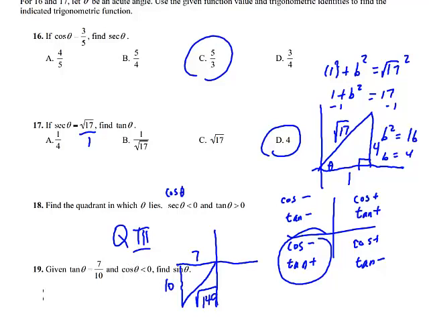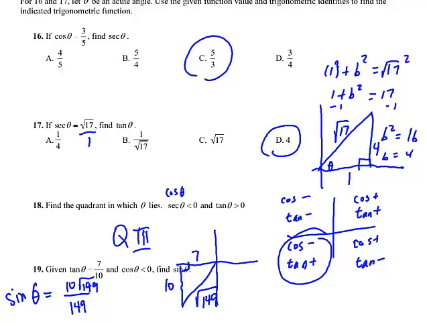And cosine is negative, so we're done with that. Now we'll find sine. So sine of theta is equal to opposite over the square root of 149. Move that up to the top. Okay. All right, moving right along here.